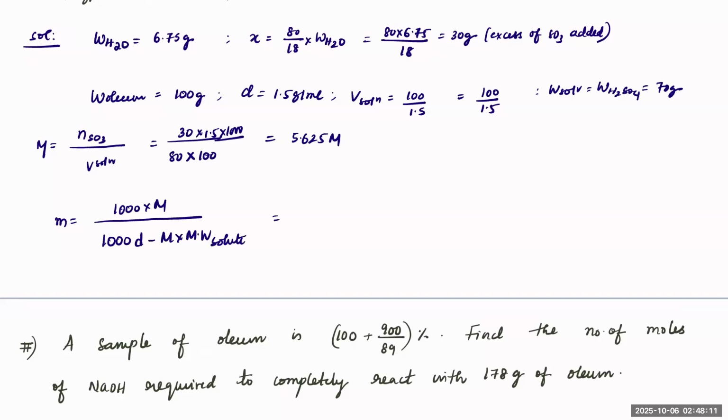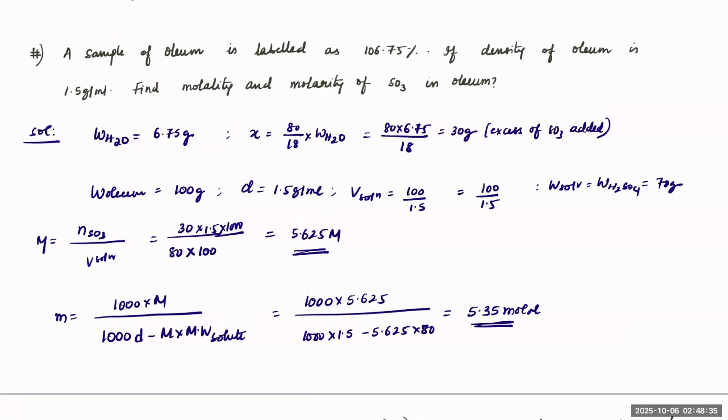Okay, so just substitute that value. 1000 into 5.625 divided by 1000 times density minus 5.625 into 8. After you work it out, this is coming out to be 5.35 molal. Done, everybody? Please check.